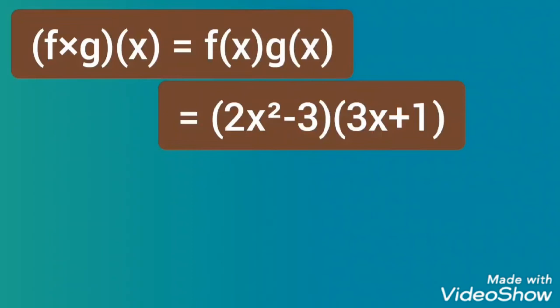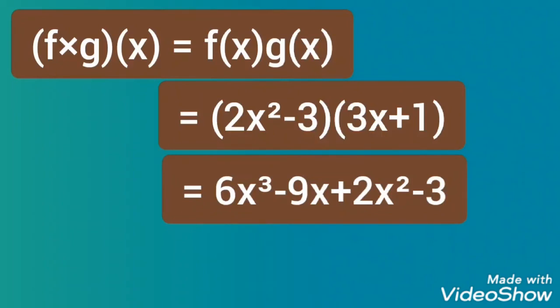We are going to multiply 2x squared minus 3 times 3x plus 1, either by using the FOIL method or just the basic way of multiplying polynomials. So, negative 3 times 1, that is negative 3. And then negative 3 times 3x, that is negative 9x.